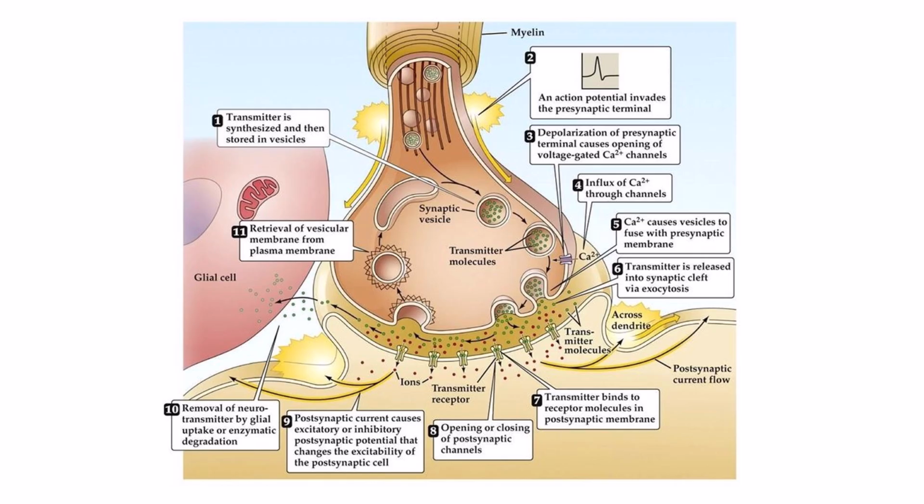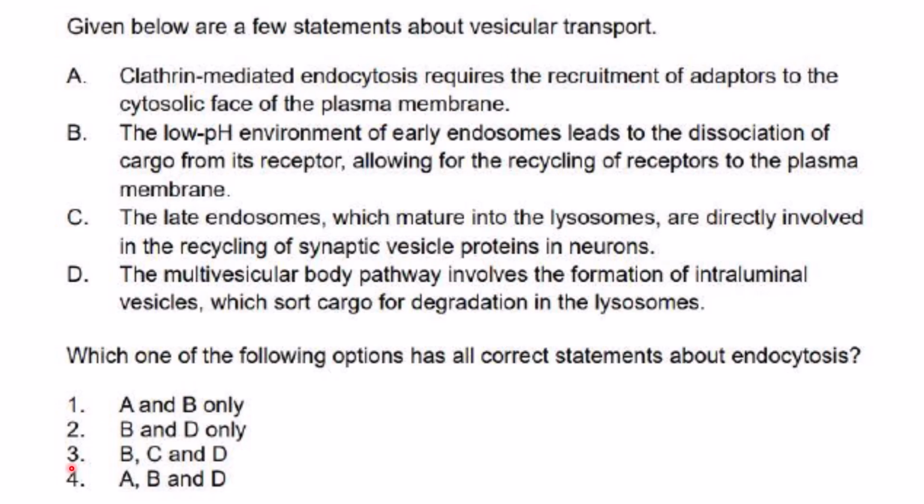Now see the question. So A and B are correct. The late endosomes, which mature into lysosomes, are directly involved in recycling synaptic vesicle proteins in neurons. Even if you don't know this concept regarding synaptic vesicle protein recycling, if you think properly, you will find that late endosomes mature into lysosomes.